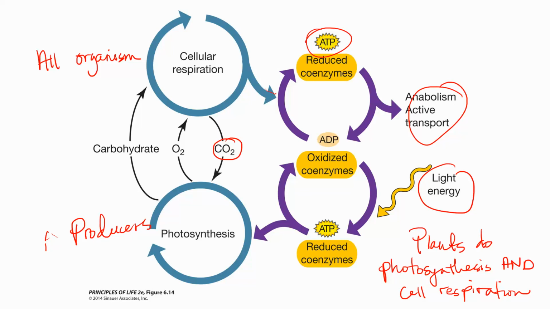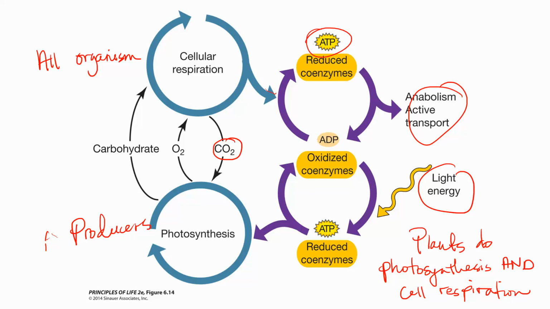So you may see questions on AP tests about differences between having chloroplasts or other photosynthesizers in dark conditions versus light conditions. What's going to be the difference? What gases will be produced? What processes will be performed?